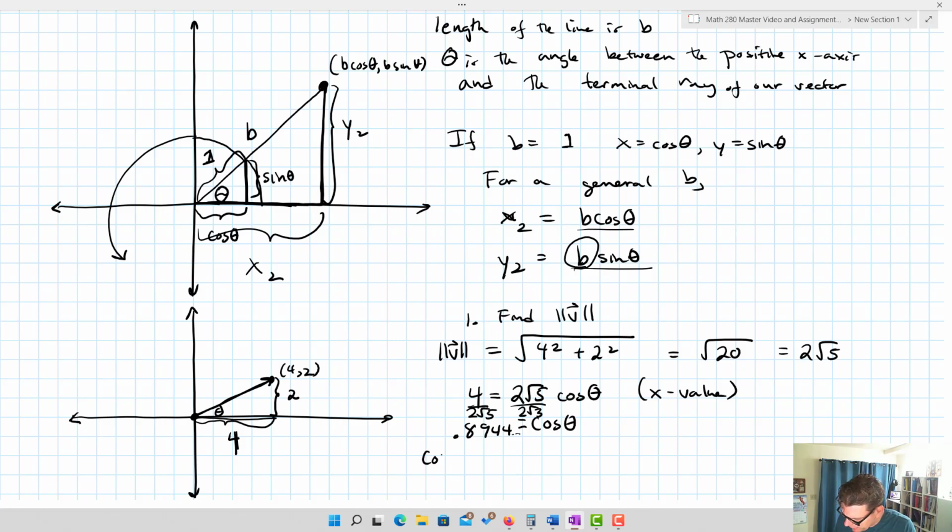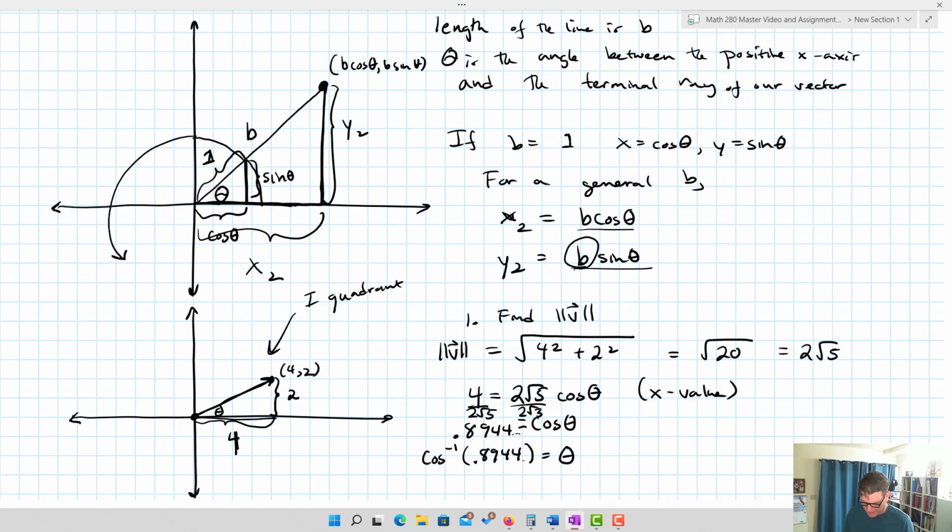So that means cosine inverse of 0.8944 will equal theta. Now, very important, it's not just cosine inverse of 0.8944, it's also in the first quadrant. And so what I'm going to get is a theta somewhere between 0 and 90. I don't have to do any kind of modifications.